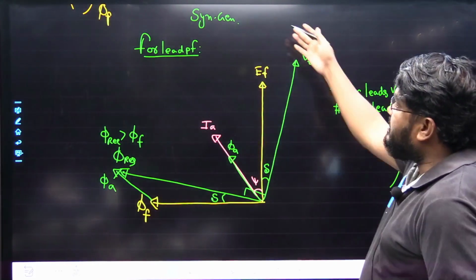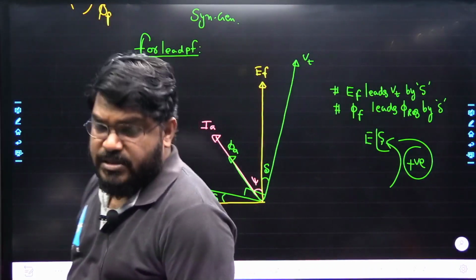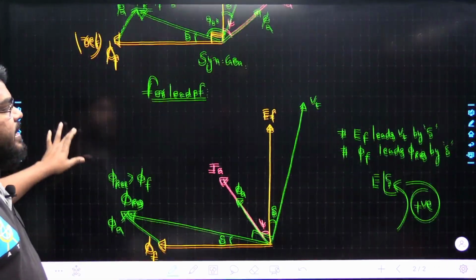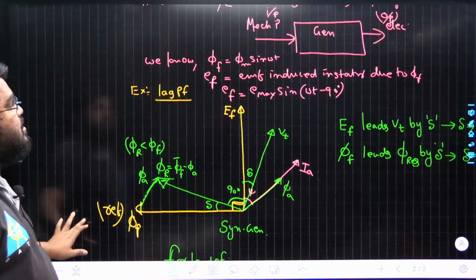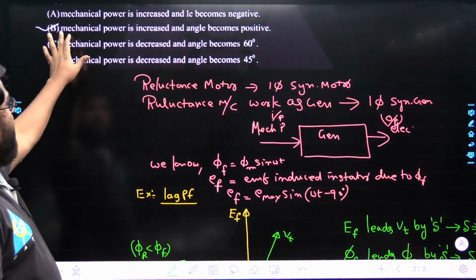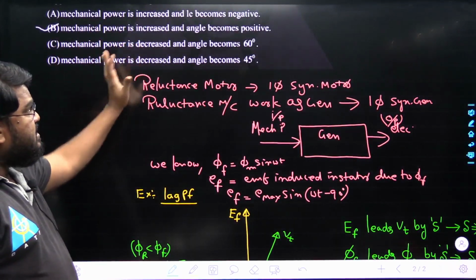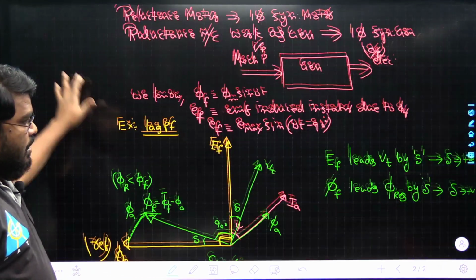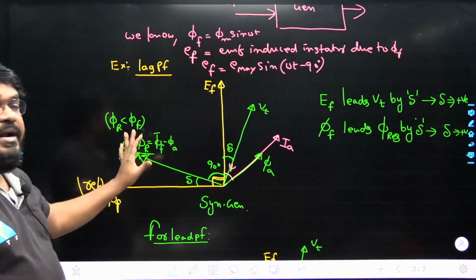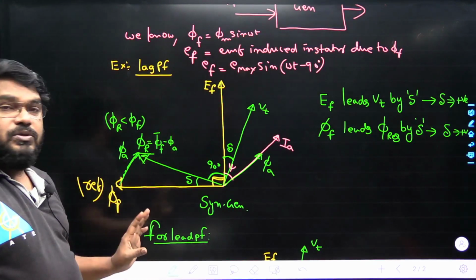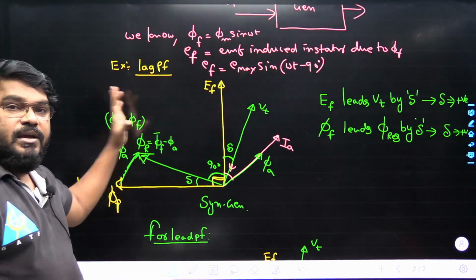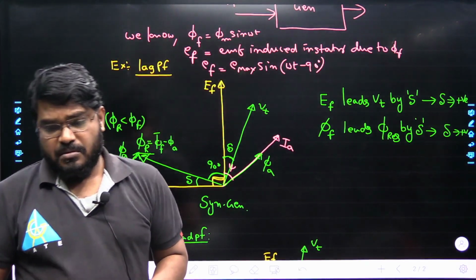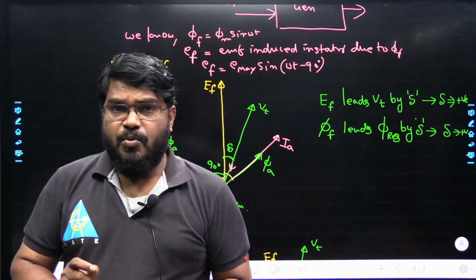So in both the first case and the second case, the values are positive. This is the exact explanation: mechanical power increases, angle becomes positive. All of you got it? Always in the generating mode the load angle is positive; in the motoring mode the load angle is negative. I hope you got it. Thank you.